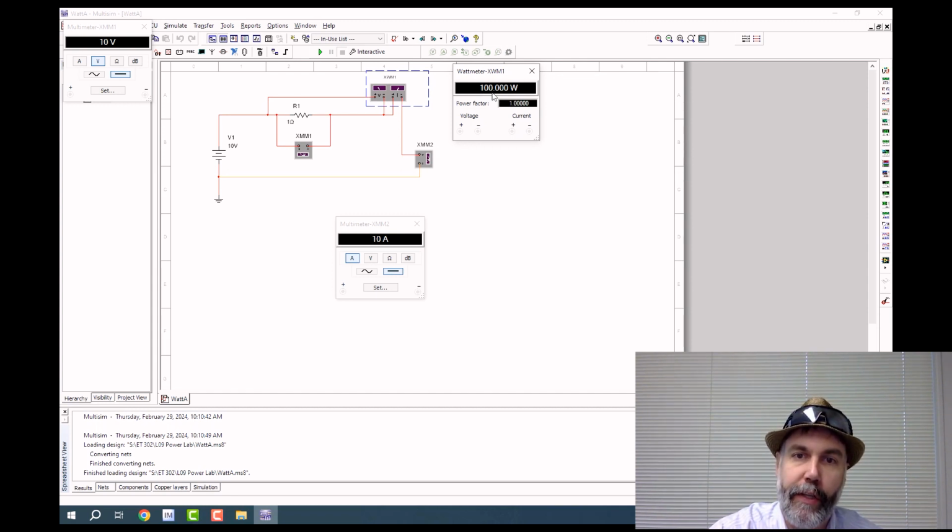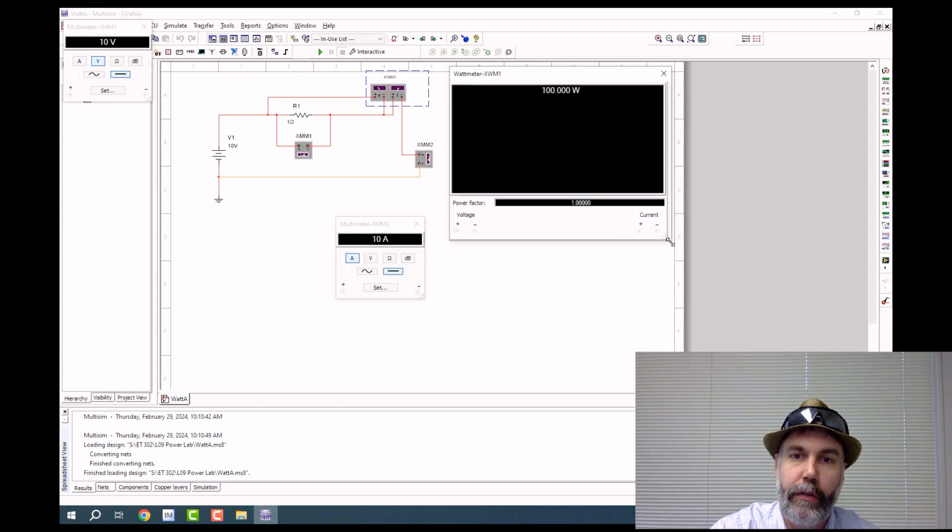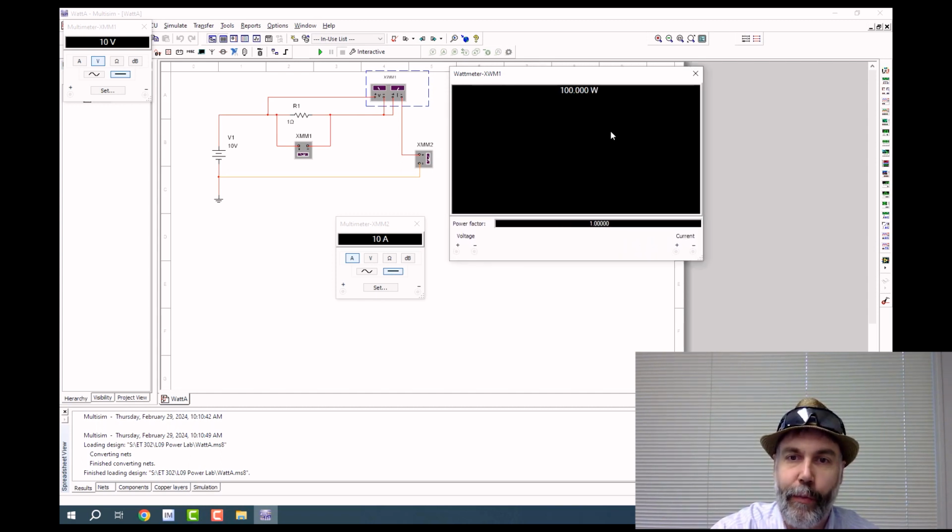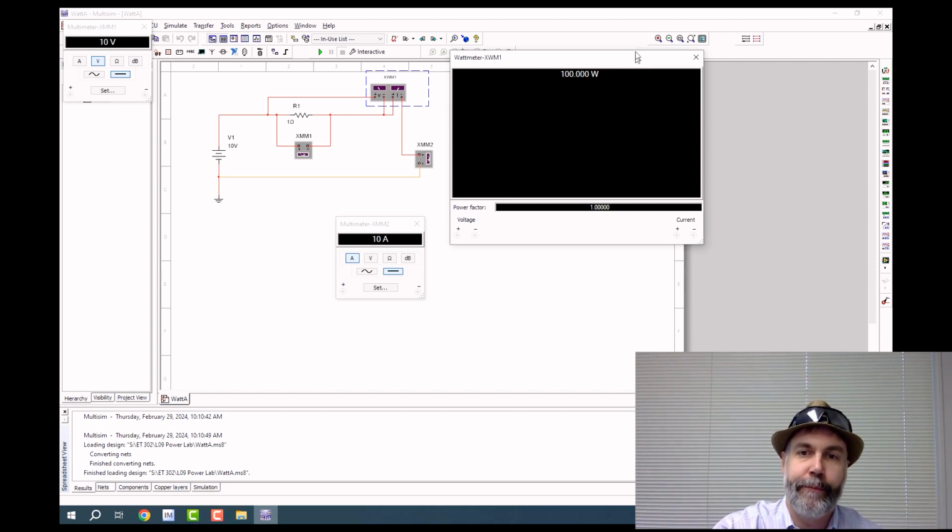It might be hard to read, but that's 100.000. I wish I could make this meter a little bit bigger. I can make the meter bigger, but it doesn't make the number any bigger. So I apologize for that.